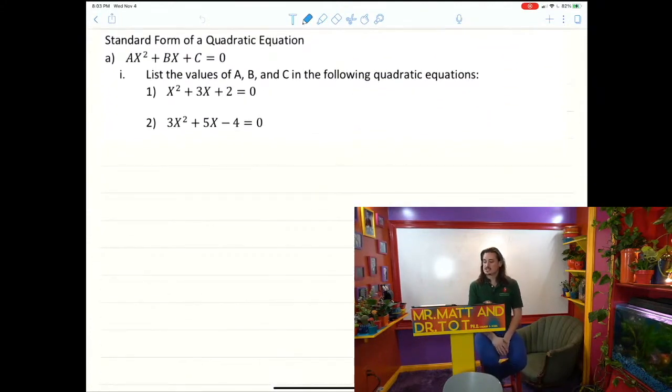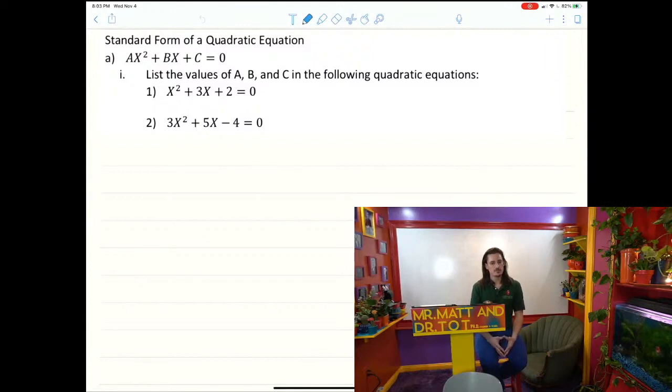That also takes us up to the standard form of a quadratic equation. But the quadratic formula is different than this. The standard form of a quadratic equation comes in the form of ax squared plus bx plus c is equal to 0, where a is the leading coefficient, and it's the coefficient that's next to the squared variable. The variable doesn't have to be x. It can be any letter, but they all have to be the same letter.